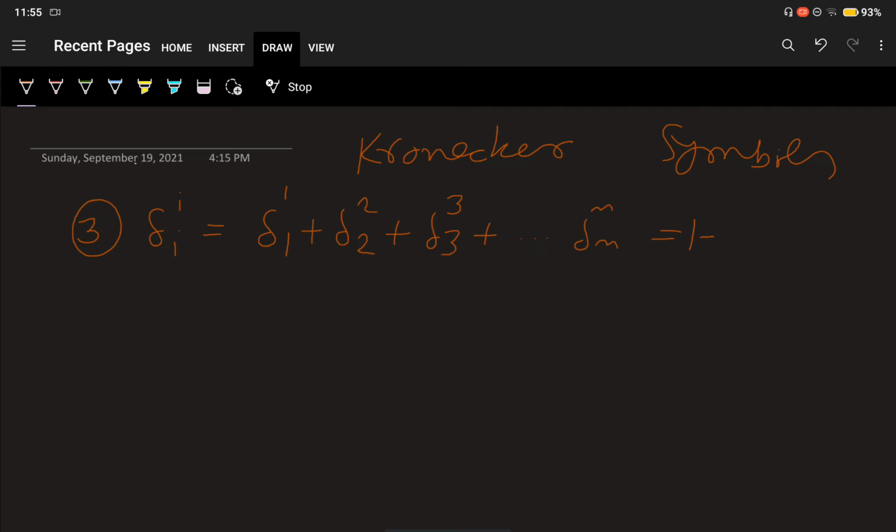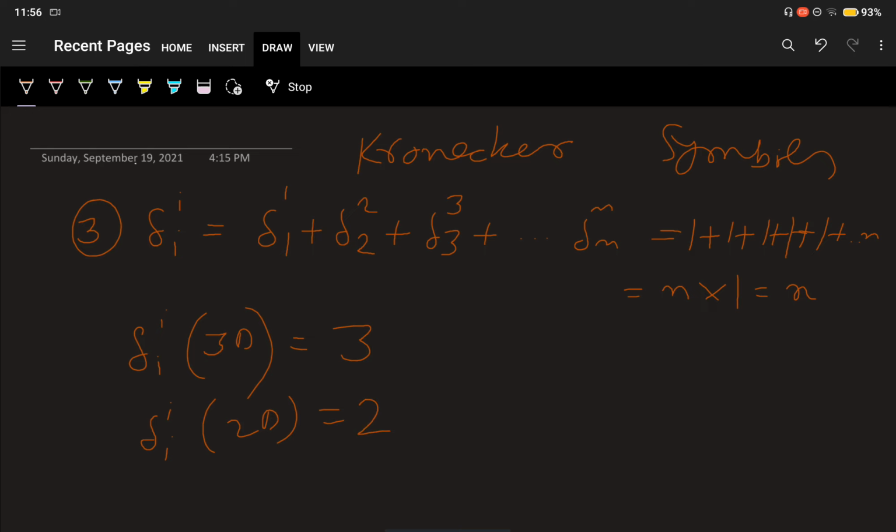That is 1 plus 1 plus 1 plus 1 plus 1 up to n terms. So n times 1, so that is n. For 3 dimensions, delta ii is 3, for 2D it equals 2, and for the 4th dimension, that is 4.